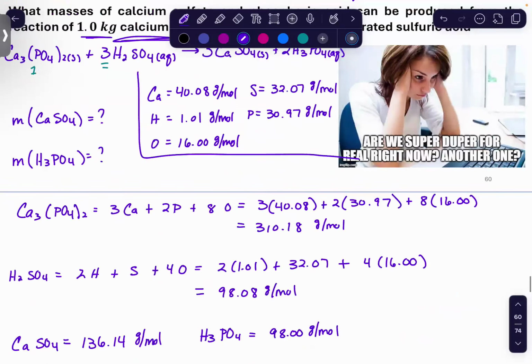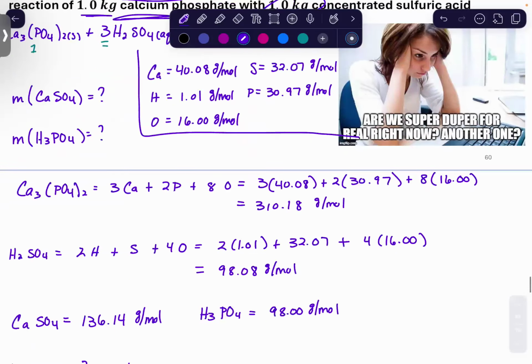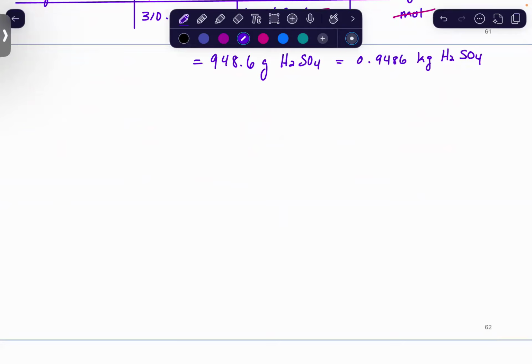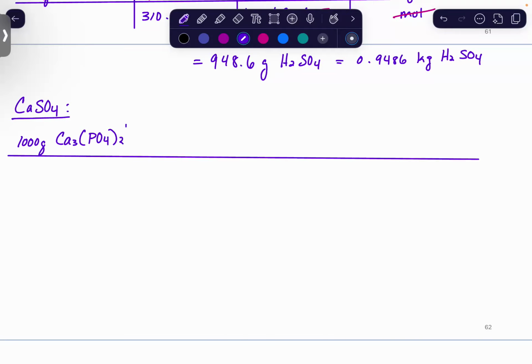So let's calculate the amount of calcium sulfate first. How much am I going to get? I'm going to do everything from the limiting reactant, because again, once it's gone, the reaction stops and I have what I have. So, molar mass of calcium phosphate. Grams of calcium phosphate divides out.